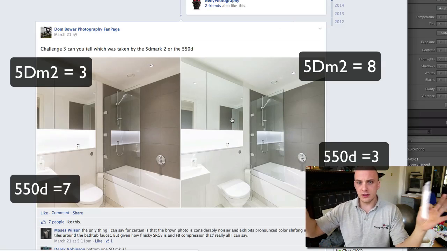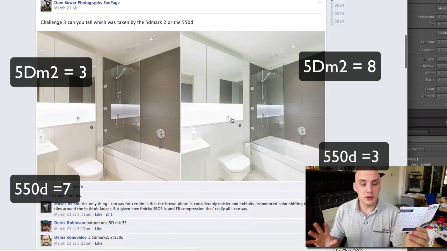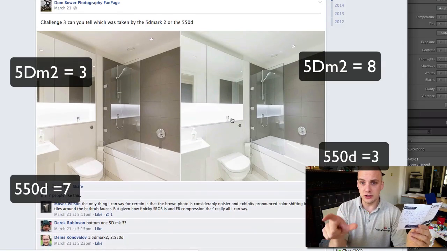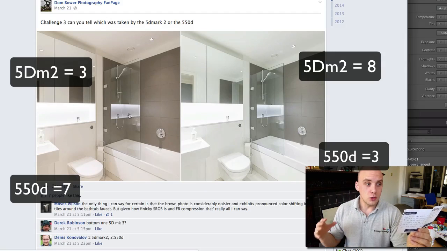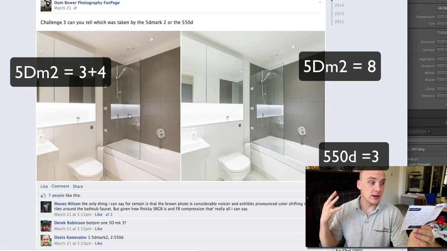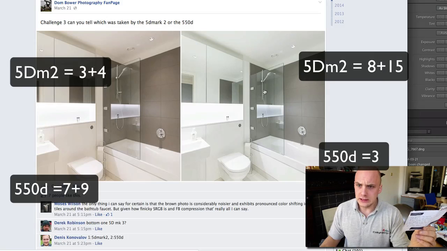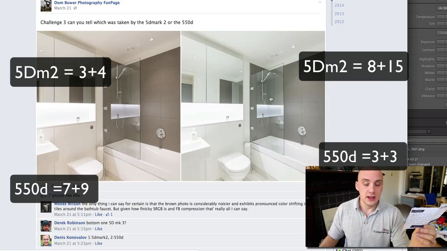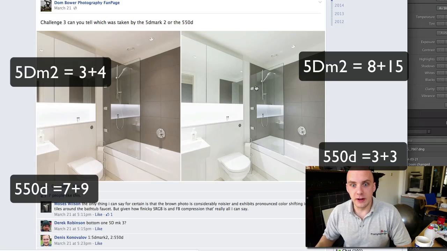So definitely you are saying that there's a difference. That was also confirmed when I went into the actual images and you were leaving comments on them. The brown one here, only 4 comments saying it was the 5D, but 9 comments saying it was the 550D. And over here, a full 15 comments saying that was the 5D, and only 3 saying it's the 550D. So this one's definitely the 550D.